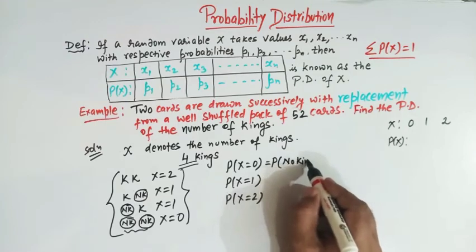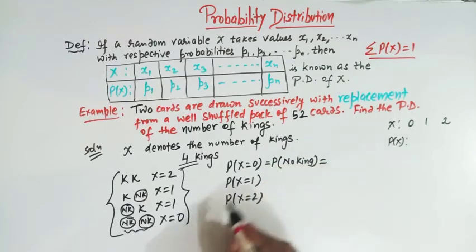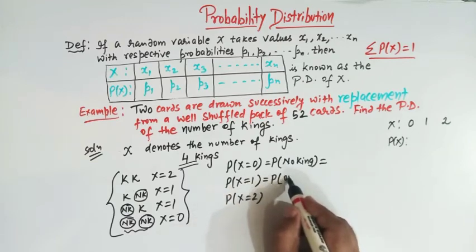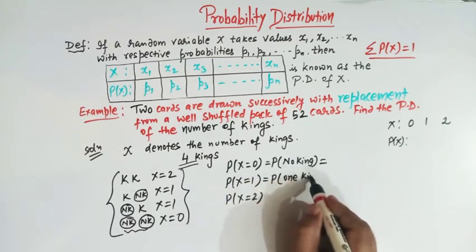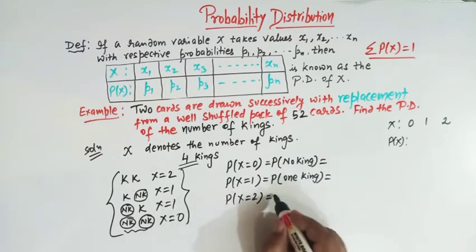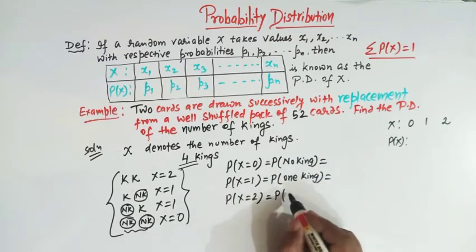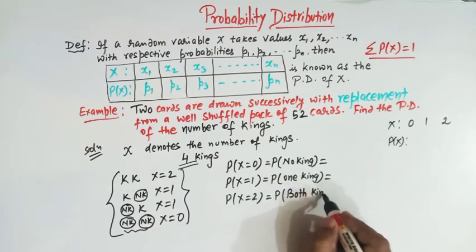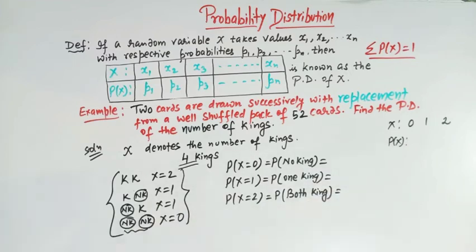Here it implies one king, and here we get both the kings. Okay, now we'll calculate these probabilities.